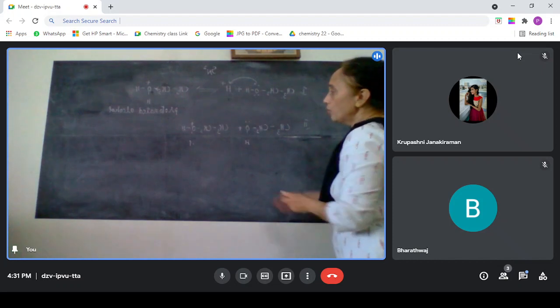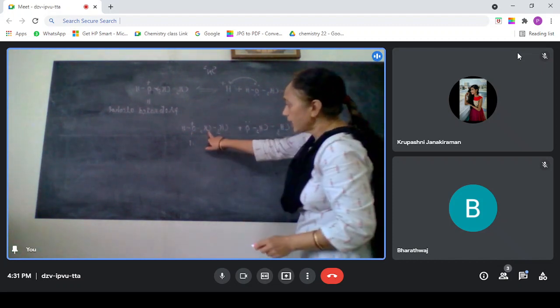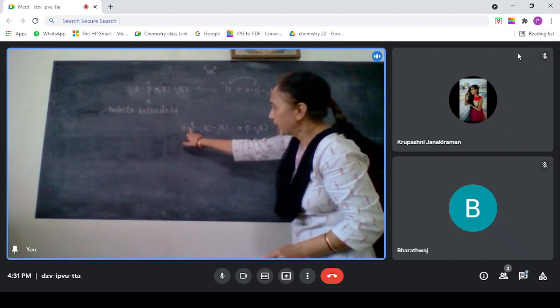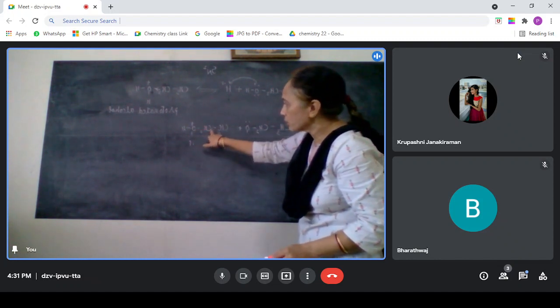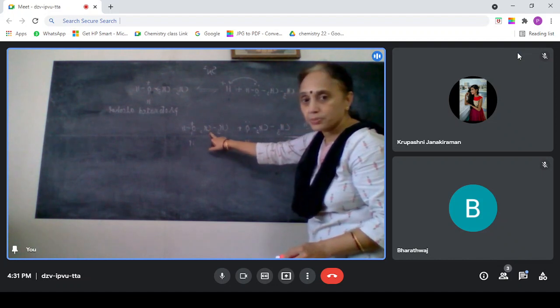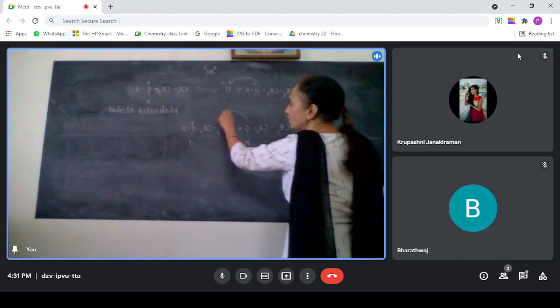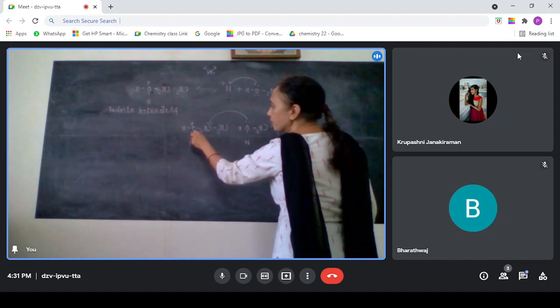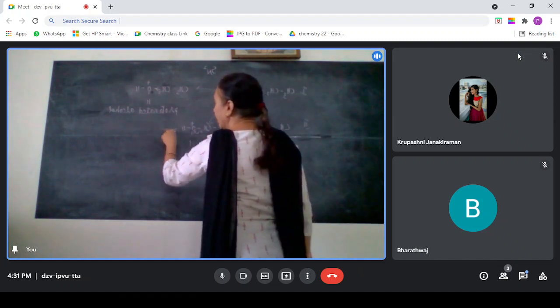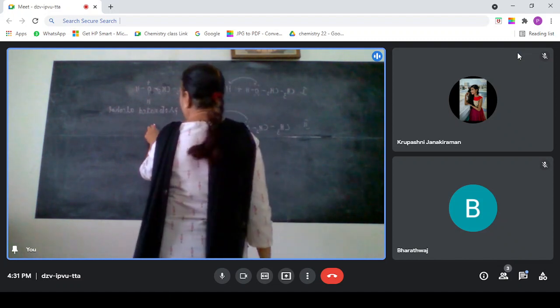Because this is electron deficient, it pulls the pair of electrons of this bond. Now this will attack this. When this attacks this, this is removed as water. This is the RDS, that is, the rate determining step.